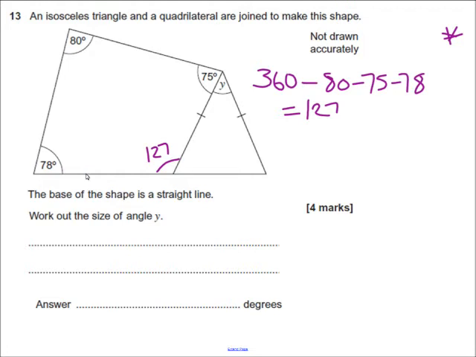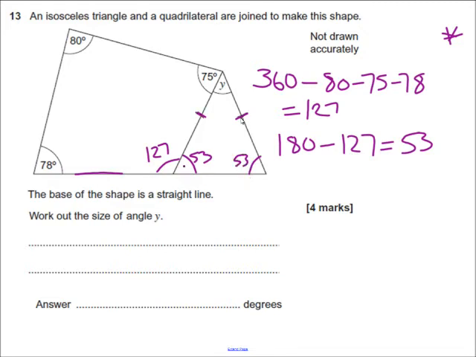Now, it told us that the baseline was a straight line, therefore we can calculate this angle on the inside of our triangle, and that is 180 take away the 127 degrees we already know. Use your calculator again and you should get 53 degrees. Now, on an isosceles triangle, because of these marks on our triangle, the angle in the bottom left must be the same as the angle in the bottom right.